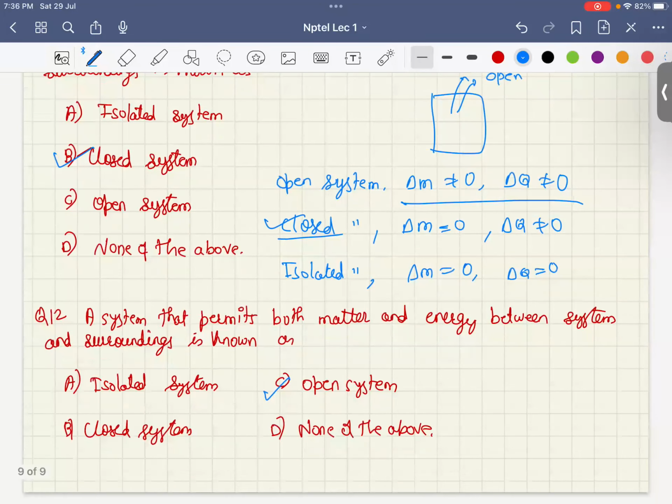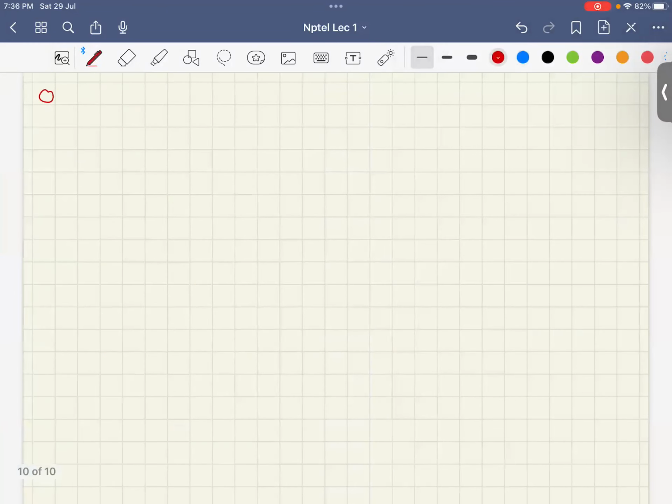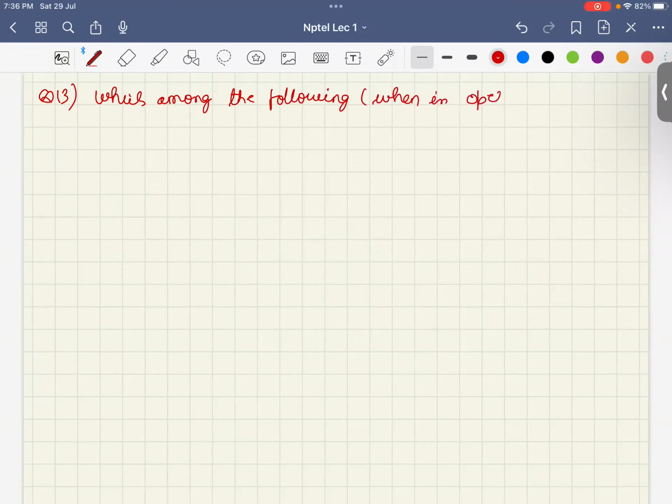Okay. So let us move on to the next question. Question number 13: which among the following, when in operation, is an example of an isolated system?